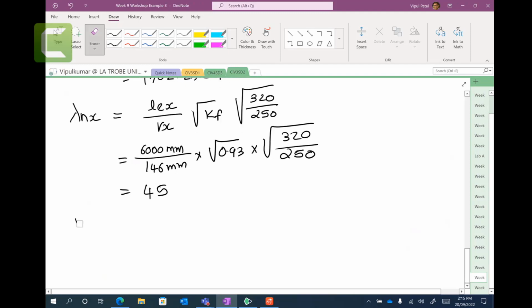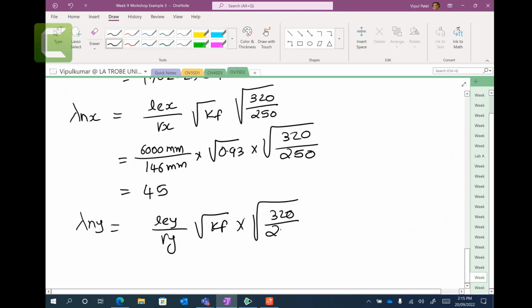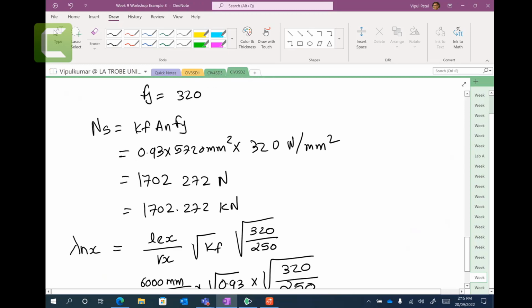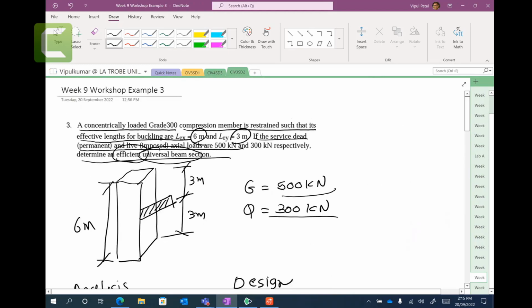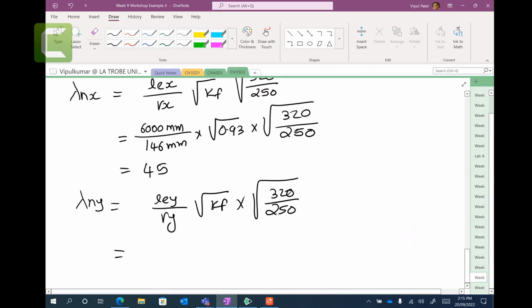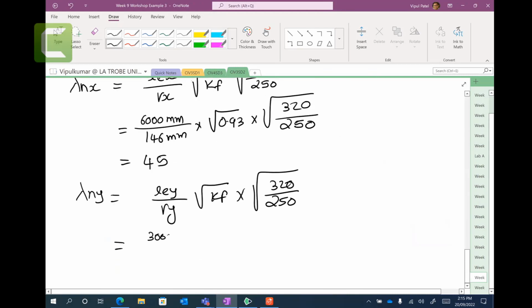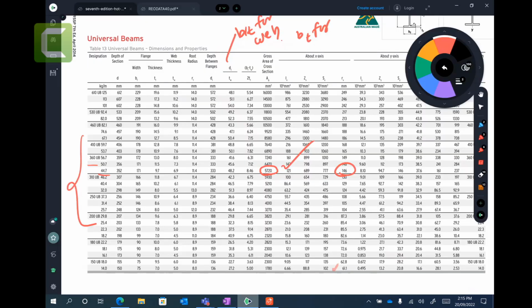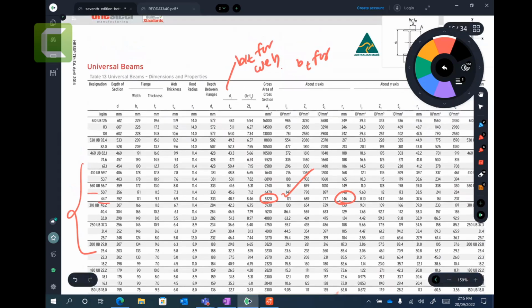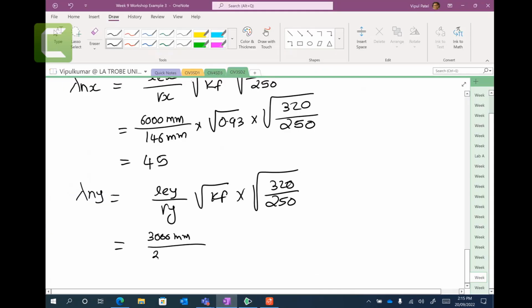Lambda ny is the same thing. Length about the y-axis given in our example is 3 meters. So we can make it 3000. ry 37.6, right? 37.6, kf 0.93.